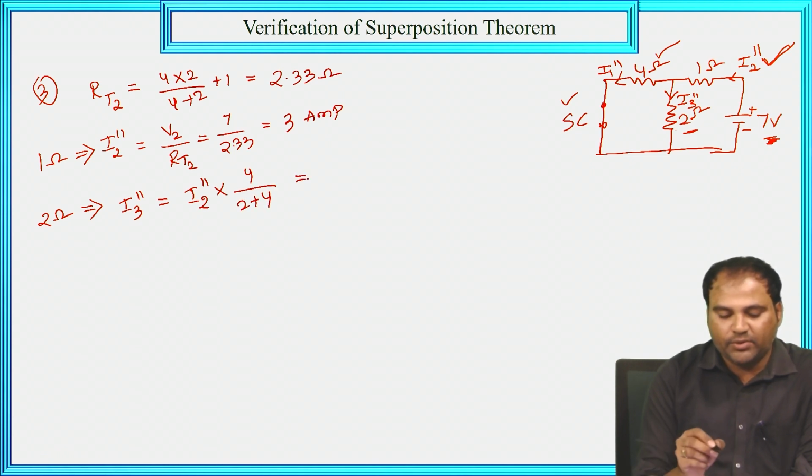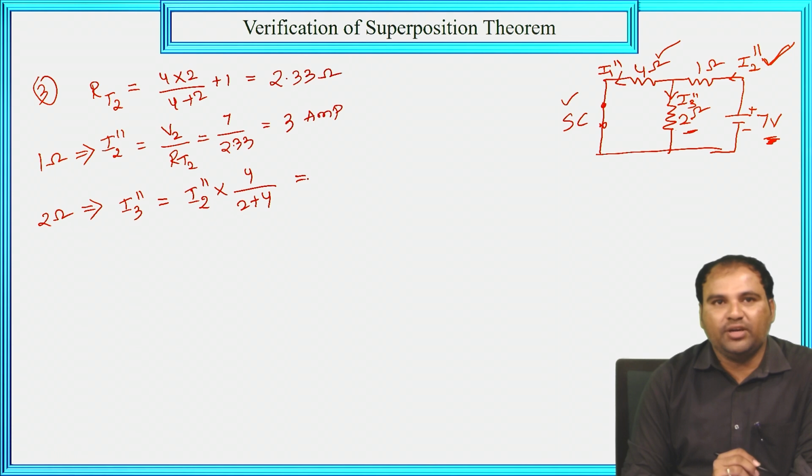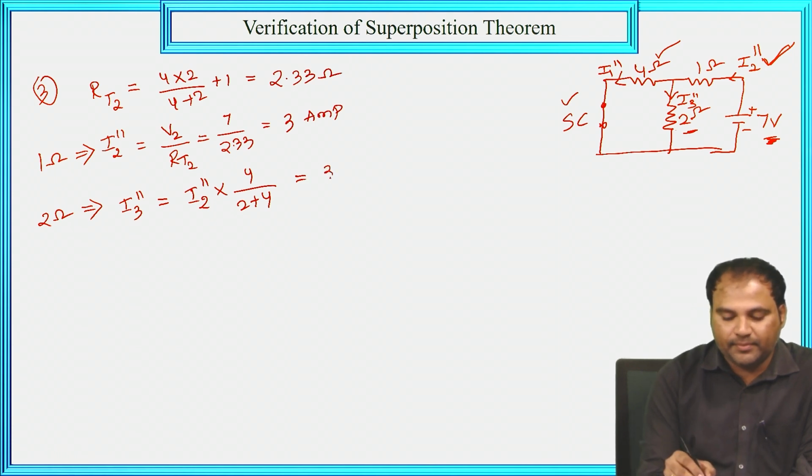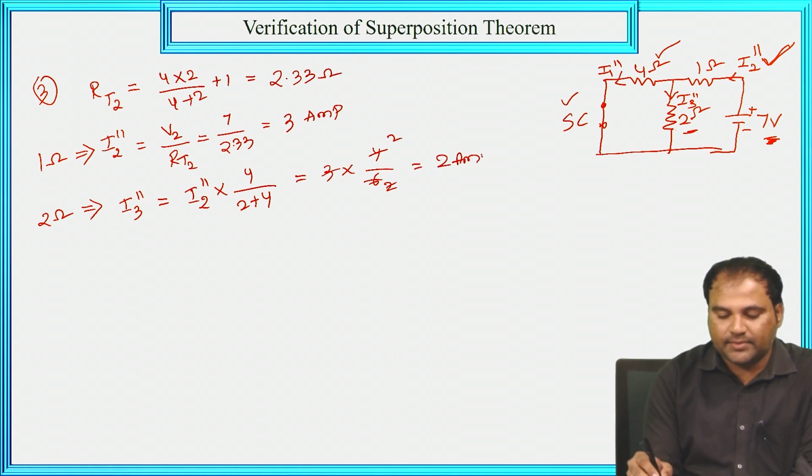We already calculated I2 double dash, that is 3 into 4 divided by 4 plus 2, which is 6 to 2, that is equal to 2 amperes.